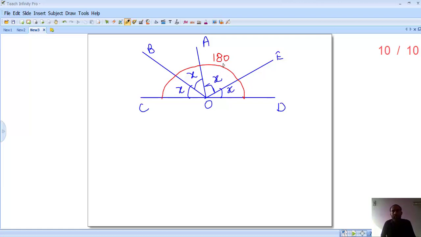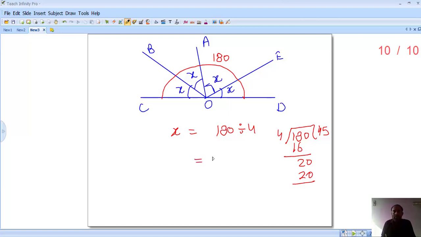I have to divide 180 by 4. 4 fours are 16, remaining 2, 0. 4 fives are 20. So how much is it? 45 degrees. What is the value of X? 45 degrees. So each angle is 45 degrees.